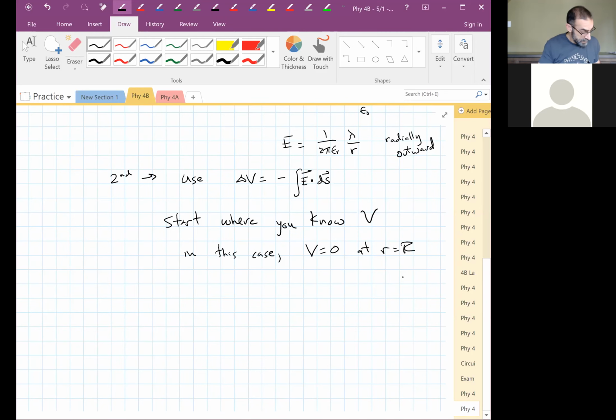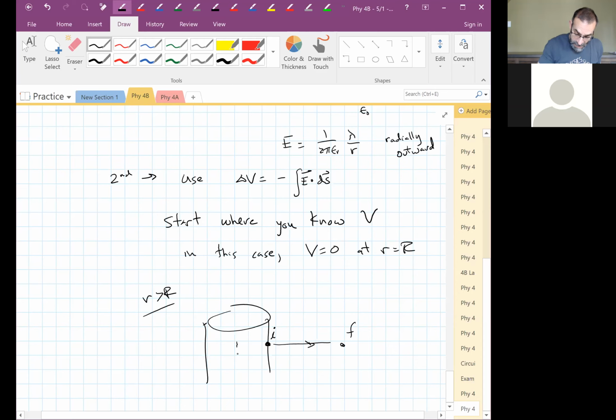Okay, so what are we going to do? Let's go outside. Let's do the outside first, the r greater than the radius of our cylinder. So our cylinder's here, and we're going to start here. This is going to be our initial point, and we're going to move out here to some final location.